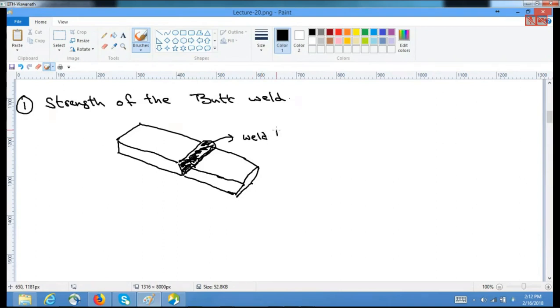When I look from the top, we have a weld bead in this form, but for calculations we consider the weld bead to be only the V. We don't consider this top portion. That top portion is an extra reinforcement, so we will not consider it for calculations.